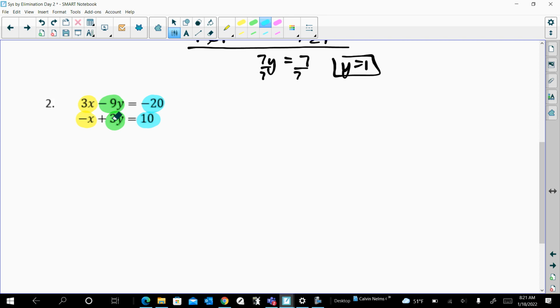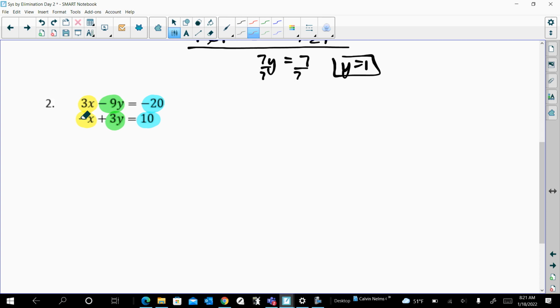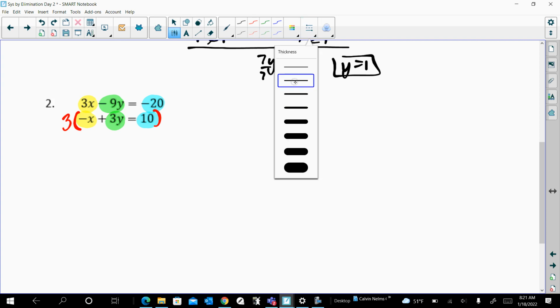Multiply by 3. Because if I do 3 times 3, now it becomes a 9 here. Does that make sense? So we're going to do parentheses on the bottom and put a 3 in front of that instead. Before we were doing negative 1. Now we're going to do a multiple of the coefficient. We're multiplying everything by the 3.